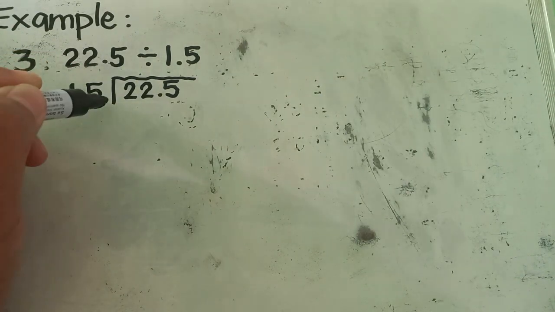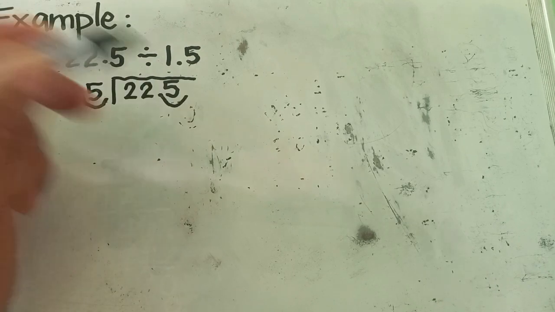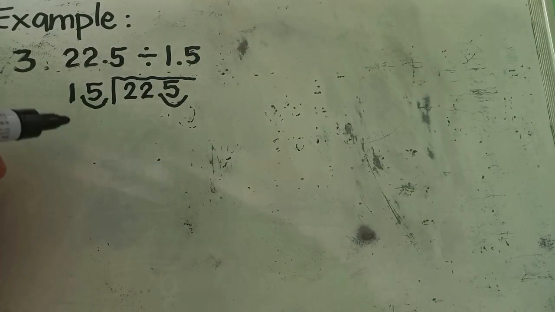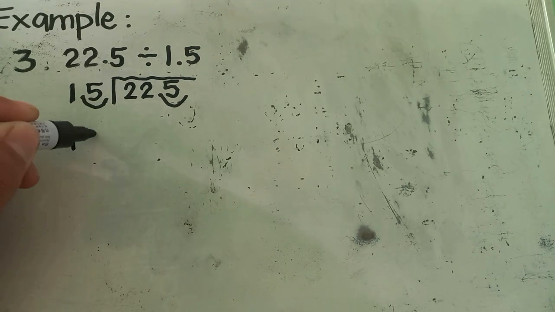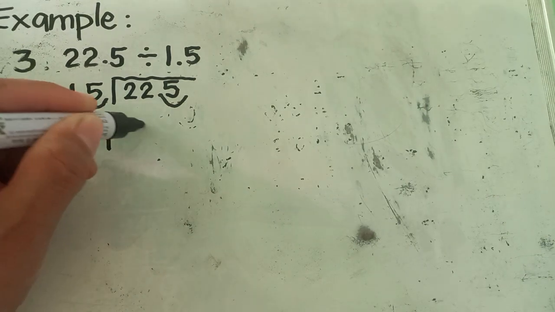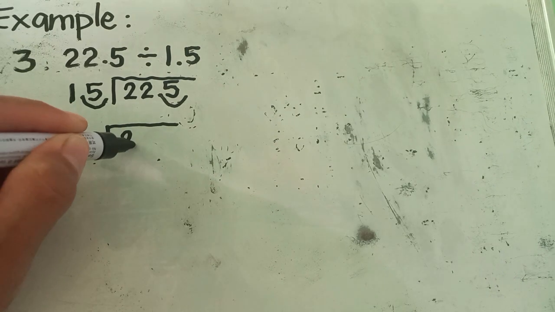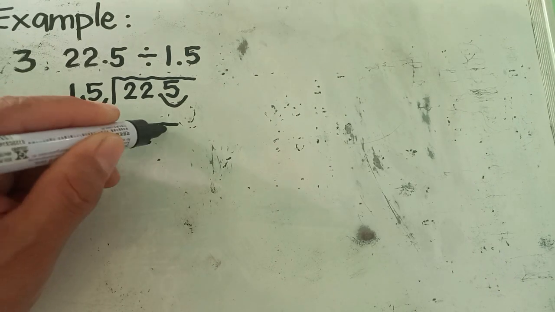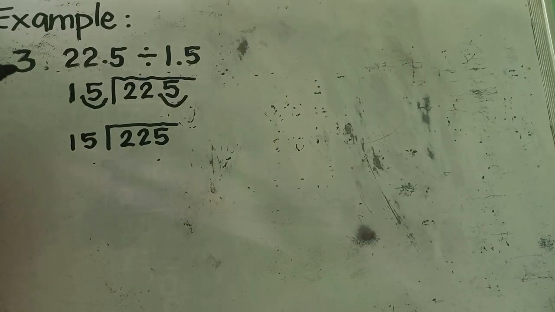Dahil nag-move tayo ng 1 dito, move din tayo ng 1 going to the right. So, whole number na ngayon ang ating divisor. We have 15. Then, ang ating dividend nagiging 225. So, ngayon, umpisahan na natin ang pag-divide.